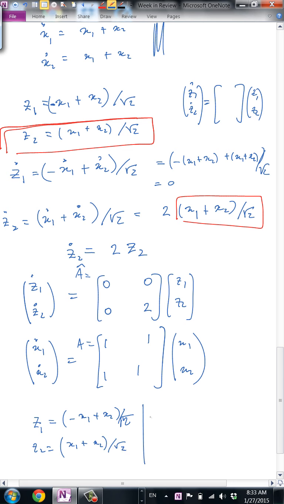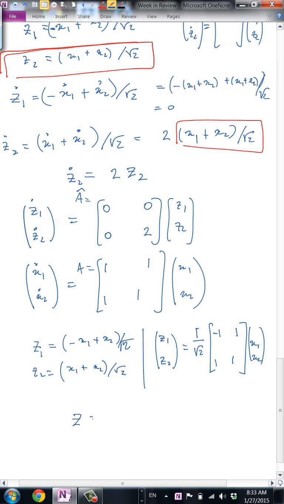So one way to write this is in matrix vector form. z1, z2 is equal to the matrix [minus 1, 1; 1, 1] times x. So in other words, z is equal to T times x, where T is equal to the matrix 1 over root 2 times [minus 1, 1; 1, 1].